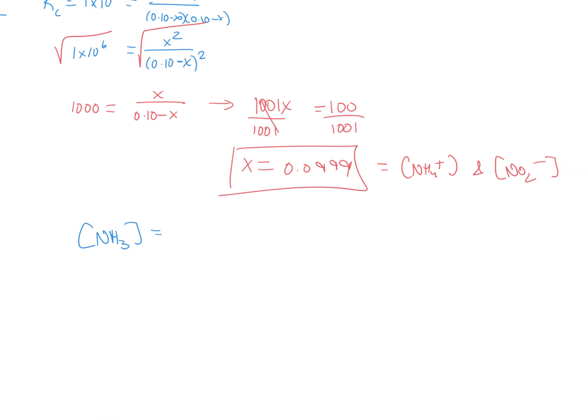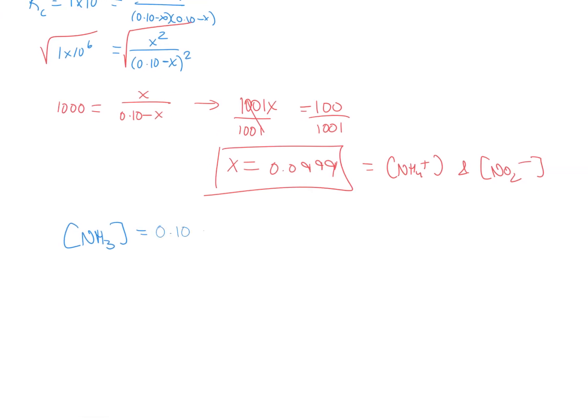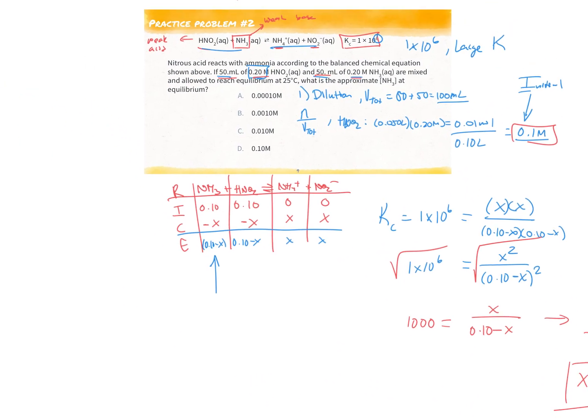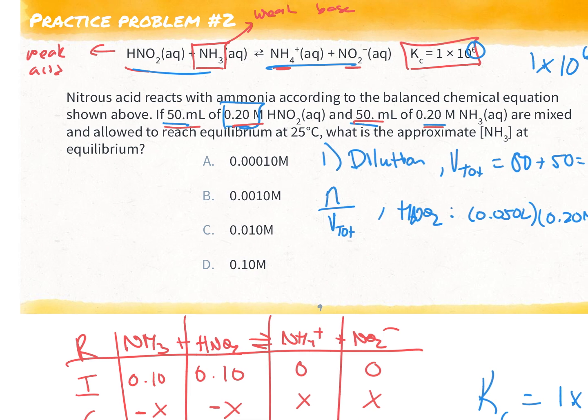So it's equal to 0.10 minus 0.0999. If we do that math, we get that the concentration of NH3 is 1 times 10 to the minus 4. If we look back at our answer choices here, that is answer choice A.